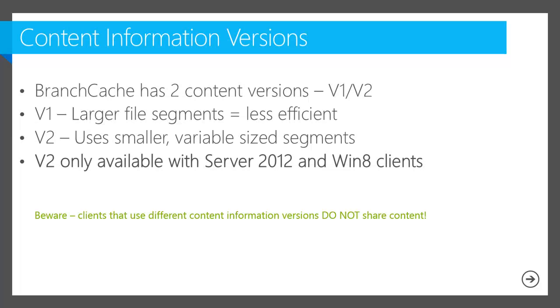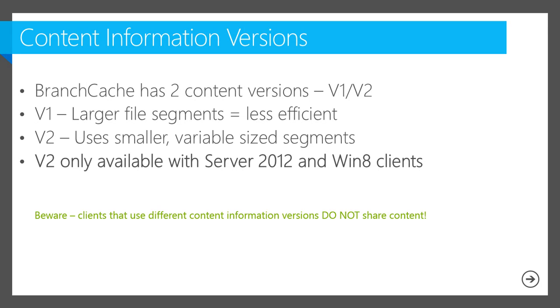The slight gotcha here is that there are different versions of content information. Version 1, which is kind of the Windows 7 version, uses larger file segments, and it's a bit less efficient because, for instance, if you have quite a large file and it's changed, the way version 1 content information decides where to start getting the changed information is not as clever.